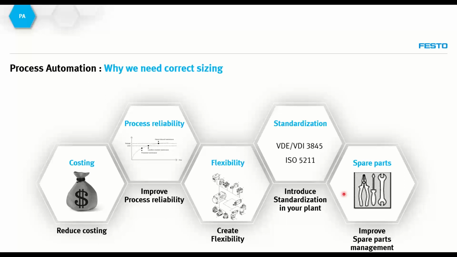Also, when it comes to spare parts, we are improving our spare parts management. Less spare parts are required because we have the correct sizing, and we are operating our actuators under the right operating conditions. So in this case, we need fewer spare parts in our warehouses.